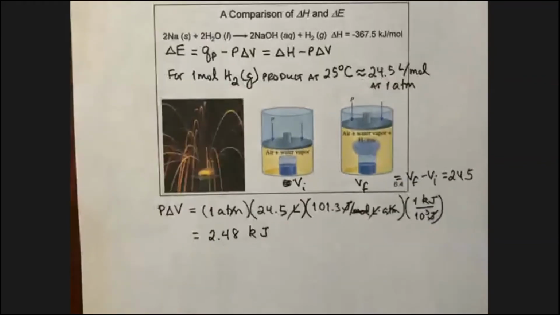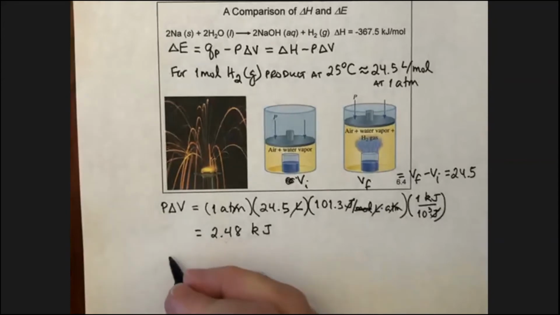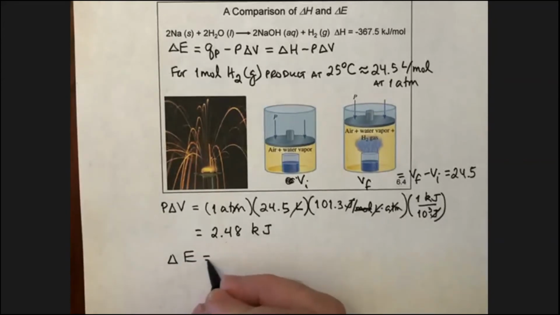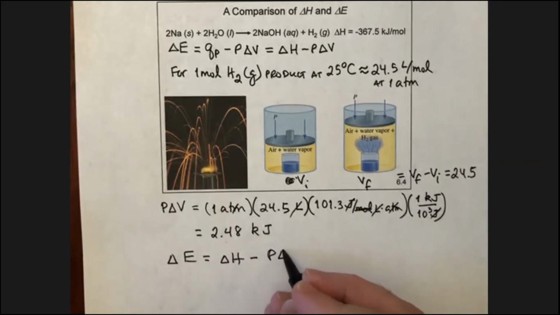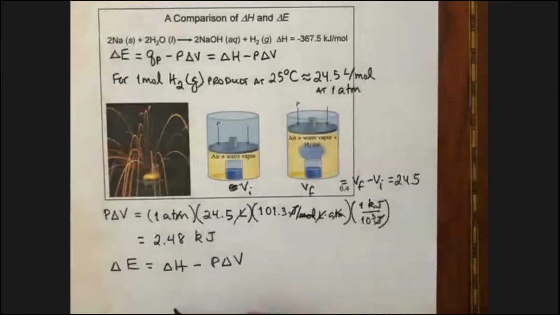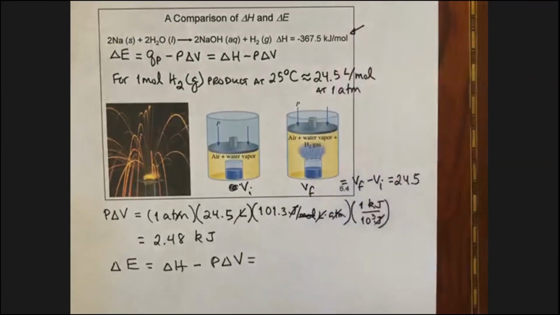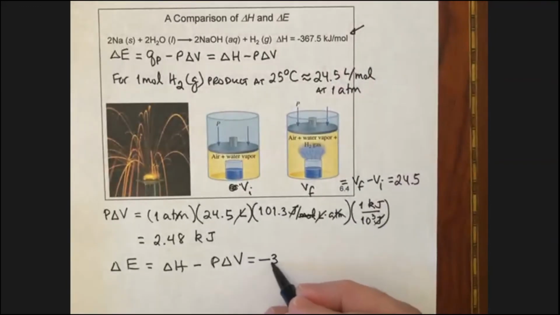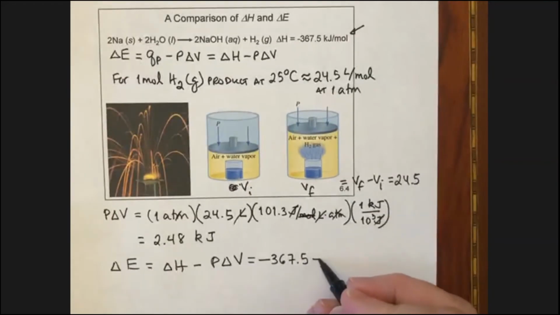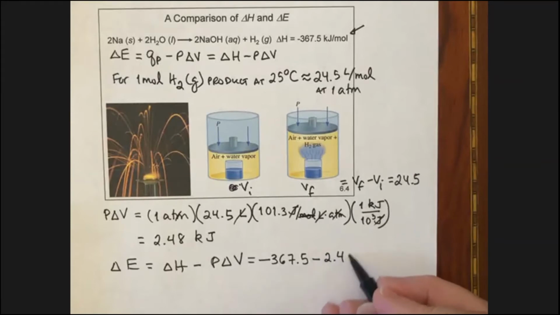Let's see what the total energy change was. So delta E was delta H minus P delta V. The delta H is over here, minus 367.5, minus 2.48.